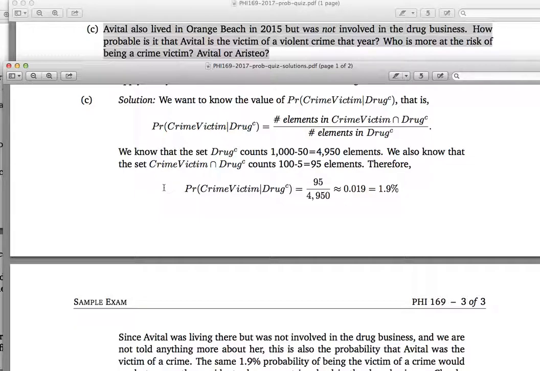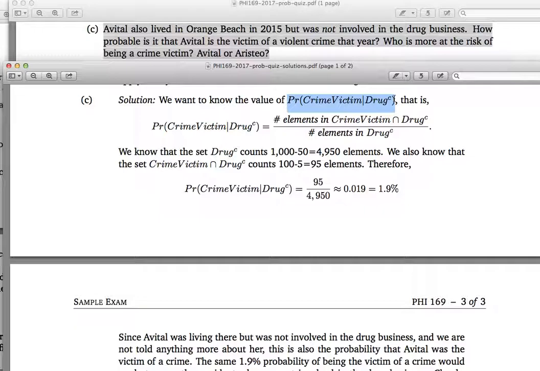So what we want to know in this case is the probability that Avital is the victim of a violent crime. And the only information we know about Avital is that she is not involved in the drug business. So bottom line, the probability we want to know is a conditional probability: the probability of crime victim conditional on the complement of drug.